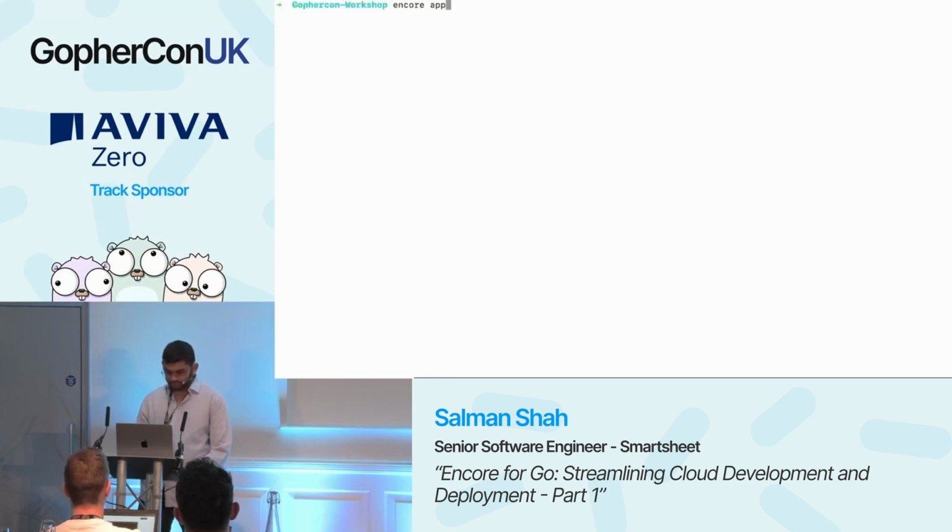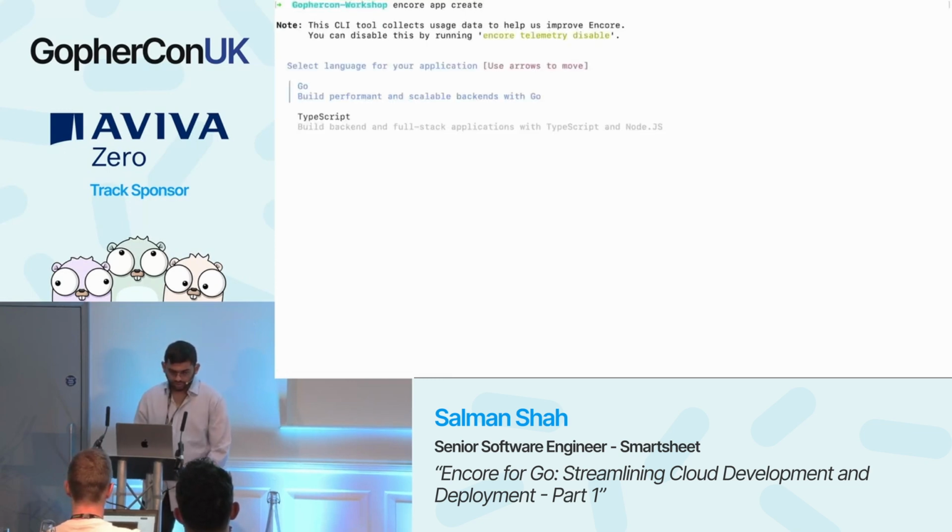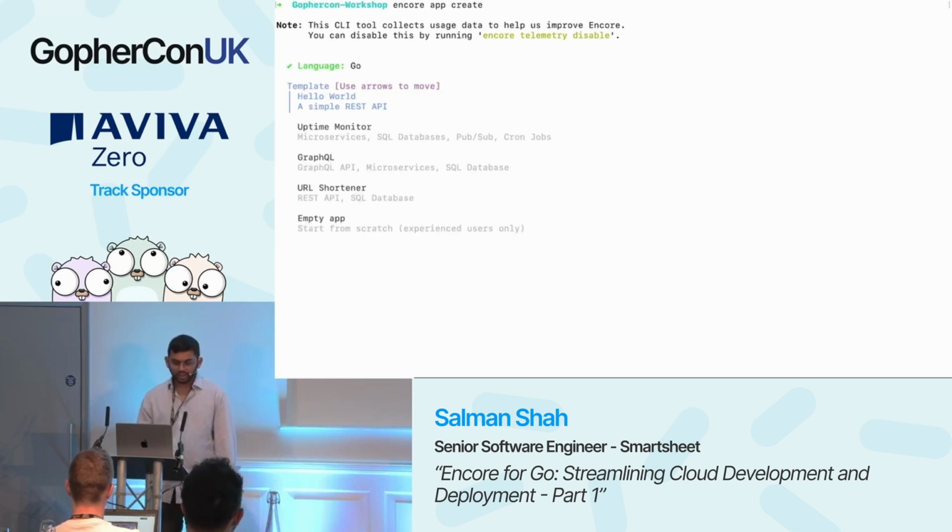So Encore is available in 2 languages. There's TypeScript, there's Go. I have personally not used TypeScript, but I'm sure that's pretty nice as well. It gives you a few templates that you can use.